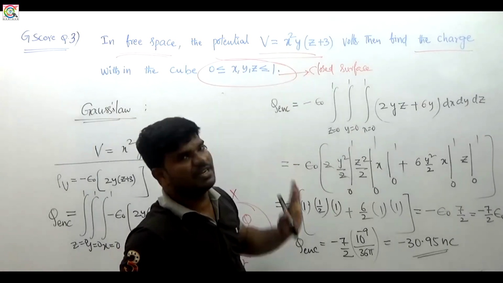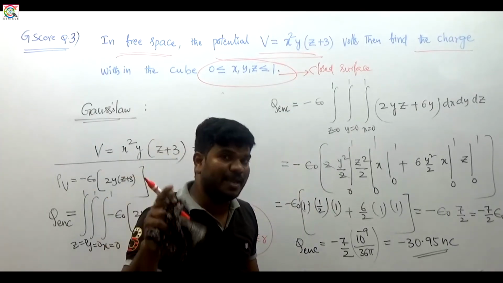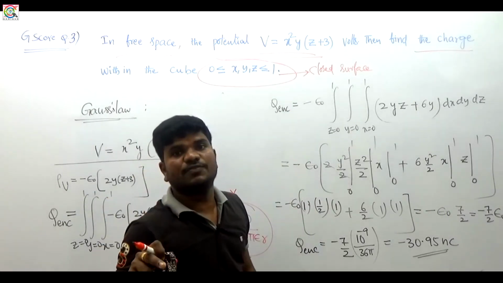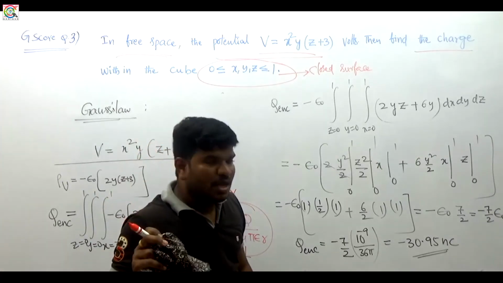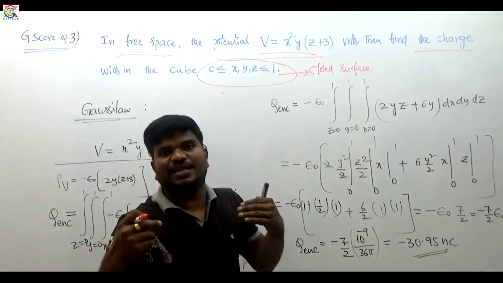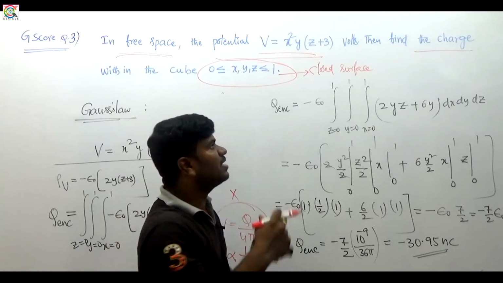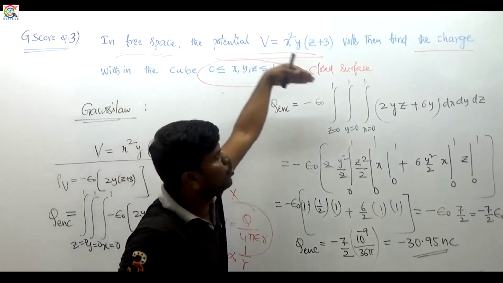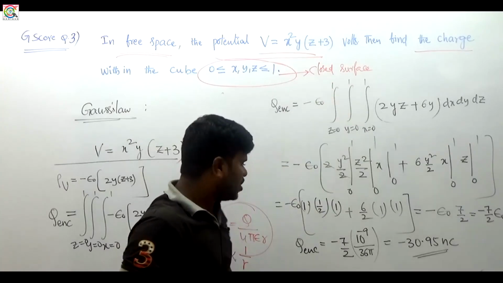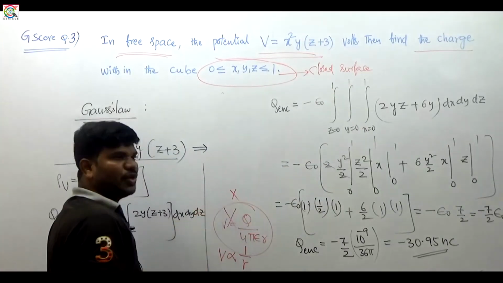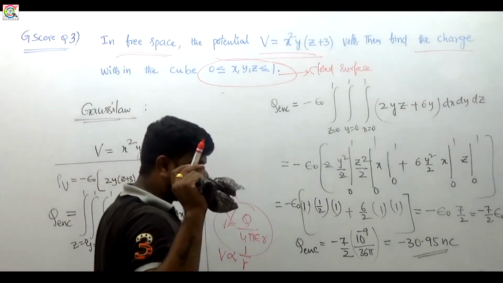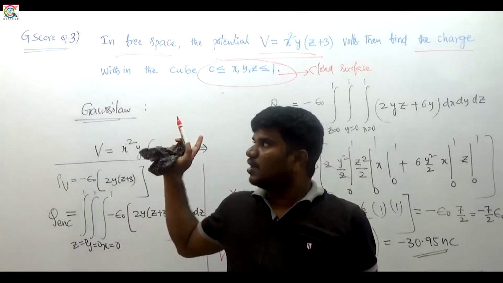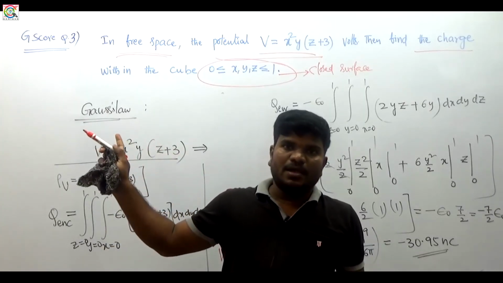It is not at all inversely proportional to the distance, so that means it is not because of the point charge, okay. So the best method we have to use is the Gauss law, because we have to calculate the charge within the cube, means within the closed surface. So you cannot use this relation; the simplest and best way is the Gauss law, right?